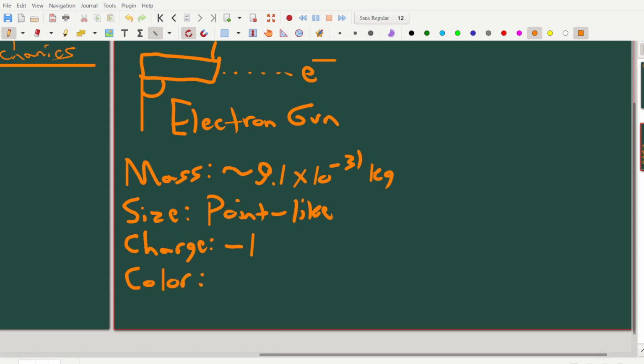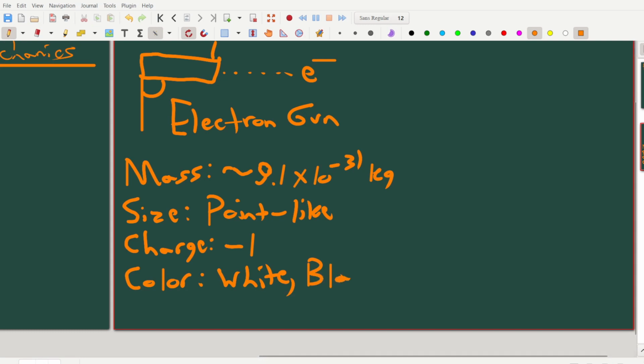Color: we'll say that they're either white or black. Not a real property, just bear with me. Color is not a real thing for electrons. There are particles that have what we call color, but we're not going to worry about that. Let's just assume they can be white or black. And they can also have a flavor. They can either be sweet or savory.